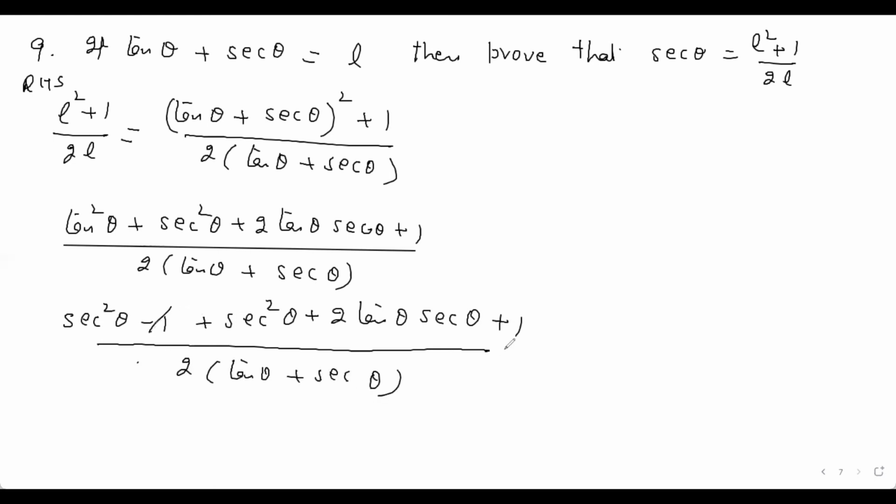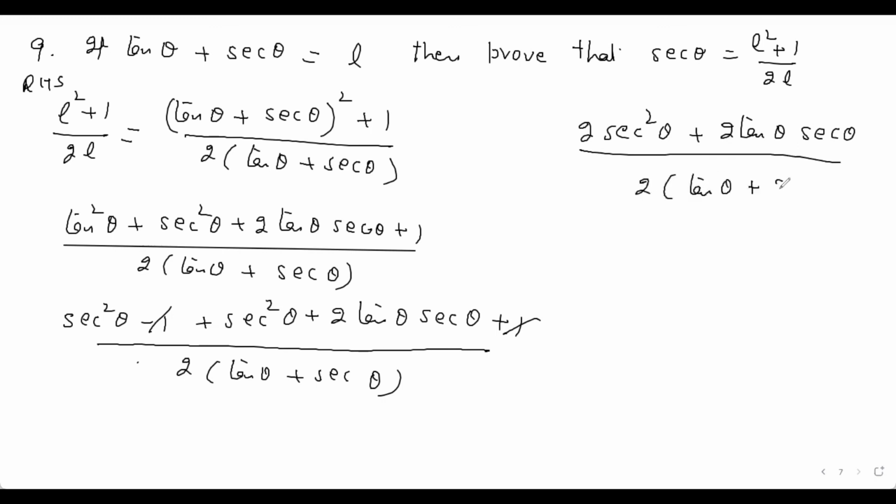Now this minus 1 and this plus 1 is cancelled. I have 2 sec square theta plus 2 tan theta sec theta upon 2 tan theta plus sec theta. Take 2 sec theta common.